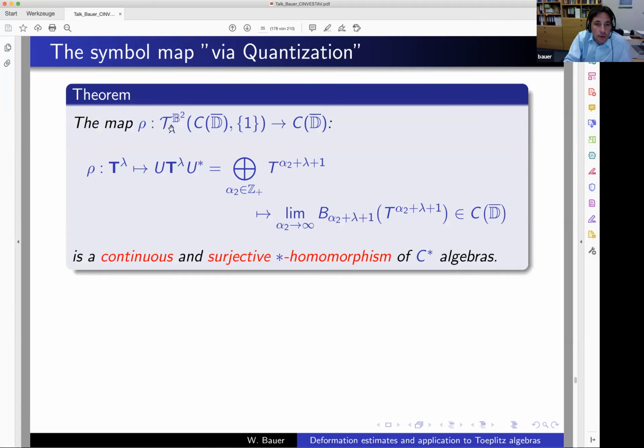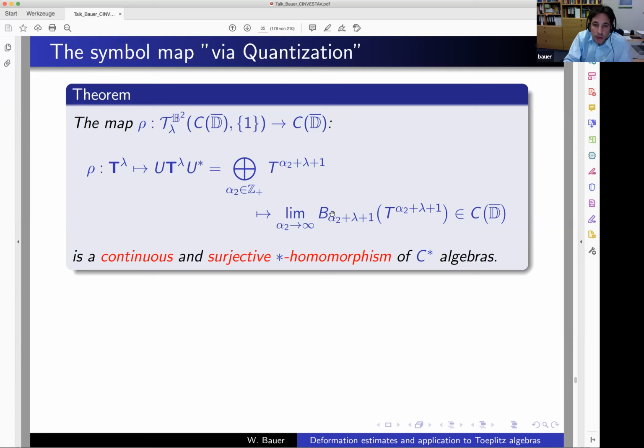We look at the following map from this C-star algebra to the continuous functions on the closed disk, which takes an operator, decomposes it into a sum of operators on these Bergman spaces, and then we look at the Gaussian transform with the corresponding weighted Bergman spaces, and we let alpha 2 go to infinity, and then we produce a function which is continuous on the closed unit disk. And the statement is that that map is a continuous surjective star homomorphism of C-star algebras.